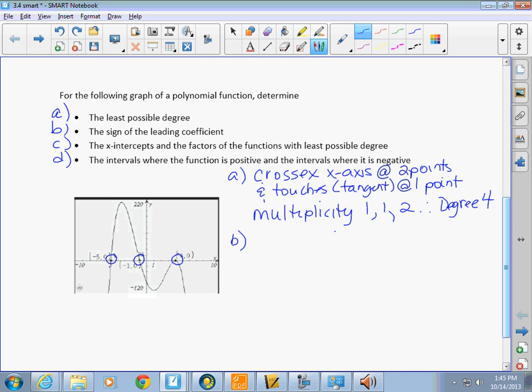So the leading coefficient is going to be negative, because if it was positive, it would go like this, a right side up kind of looking W. This is an upside down W, so that means this has a negative leading coefficient.